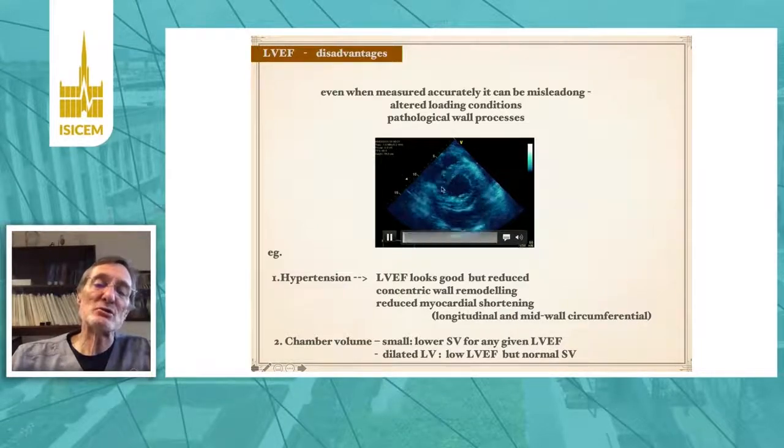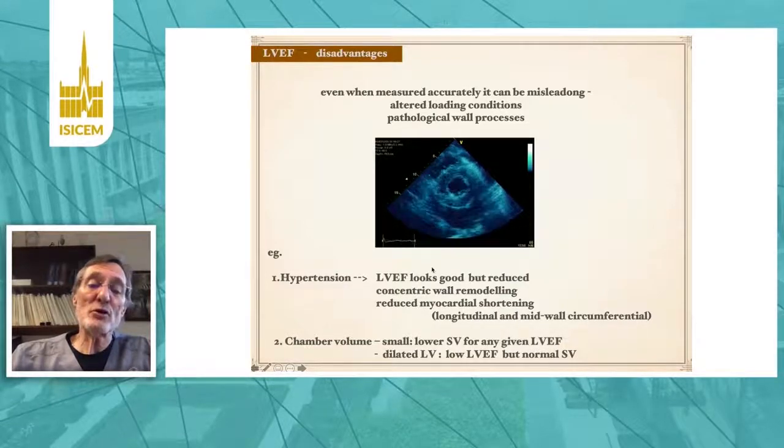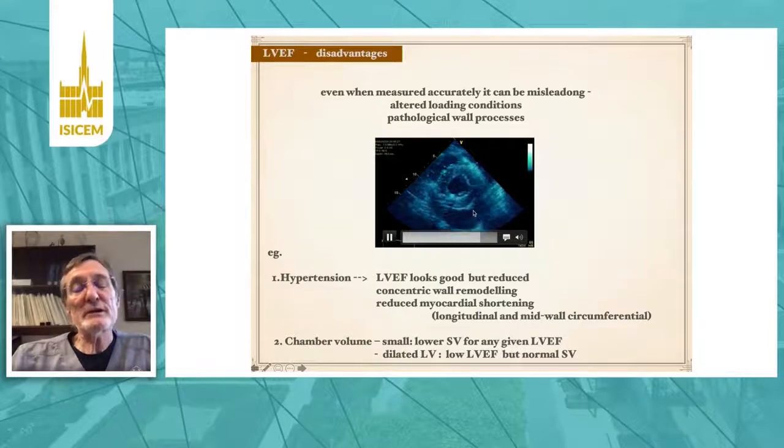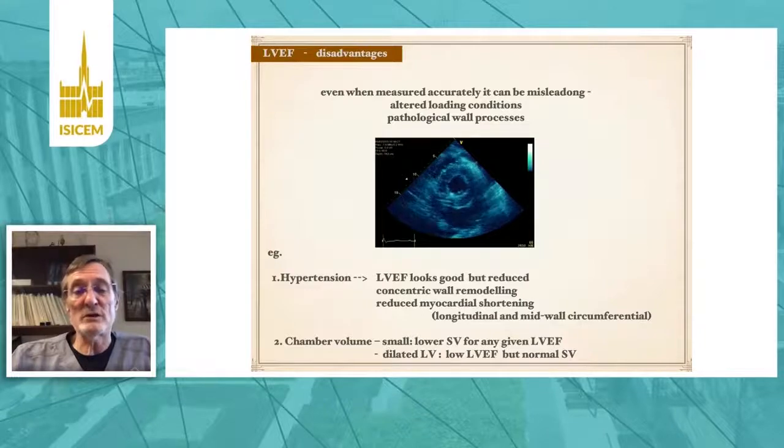The contraction looks good. But although the contraction looks good, the remodeling that comes from this thickening of the muscle causes reduced myocardial shortening, and in fact, your ejection fraction does not actually relate to the overall function of the left ventricle during systole.